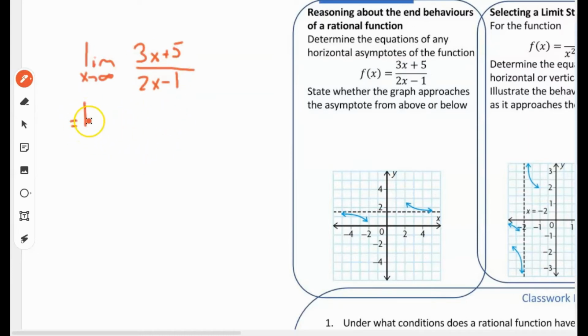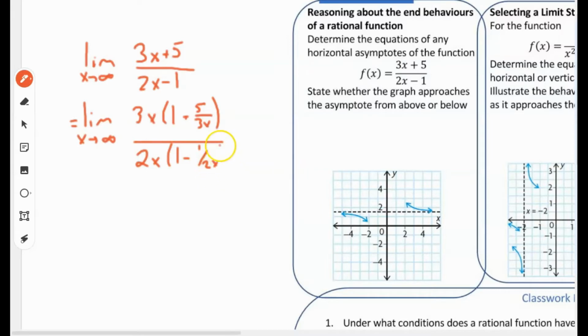So this is going to be the limit as x approaches infinity. So here I'm going to pull out a 3x, which leaves me with 1 plus 5 over 3x in our numerator. And in the denominator, I'm going to pull out a 2x, which leaves me with 1 minus 1 over 2x.